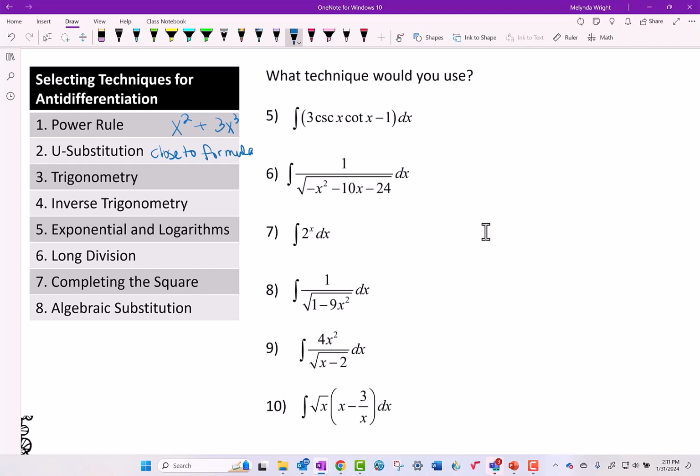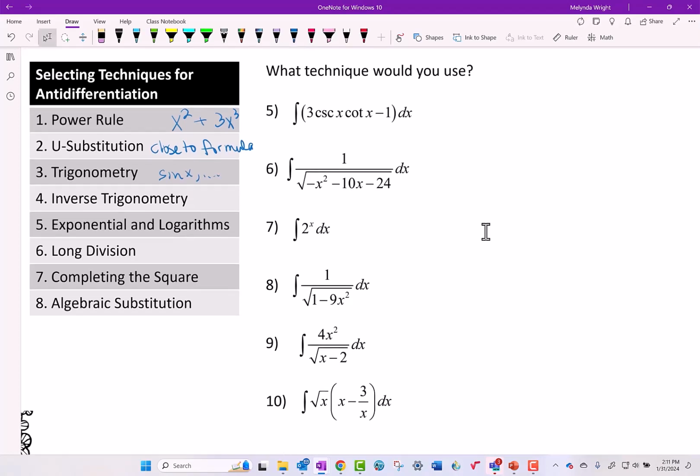Trig is when we have trig: sine, cosine, those kinds of things. Inverse trig is when we have something like 1 over 1 plus x squared. If it looks like this, we would use inverse trig. Exponential and logarithms are like 2 to the x or e to the x.